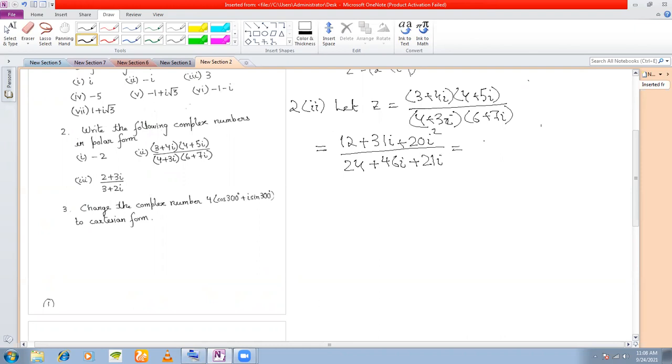Now if you put i square is equal to -1, you'll get 12 minus 20 plus 31i in the numerator, and in the denominator 24 minus 21 plus 46i, which can now be simplified as (-8 plus 31i) divided by (3 plus 46i).